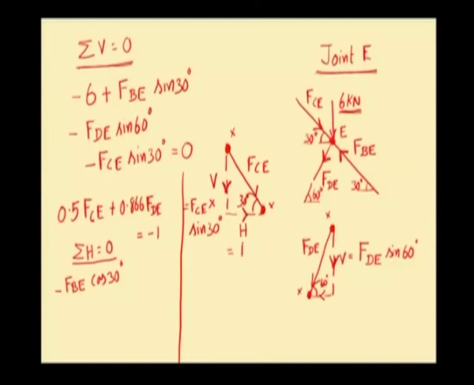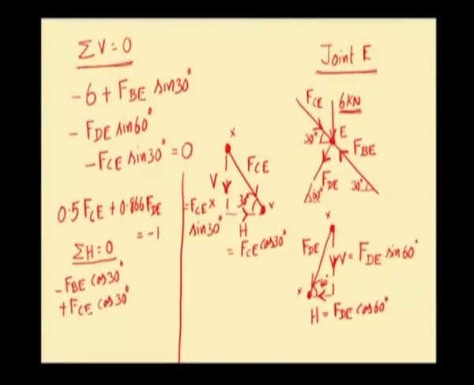Its magnitude will be FCE into cos of 30 degree. So, it will be plus FCE into cos of 30 degree, and the final force is FDE. Its horizontal component is here, it is moving towards left. Magnitude of this horizontal component will be FDE into cos 60 degree.